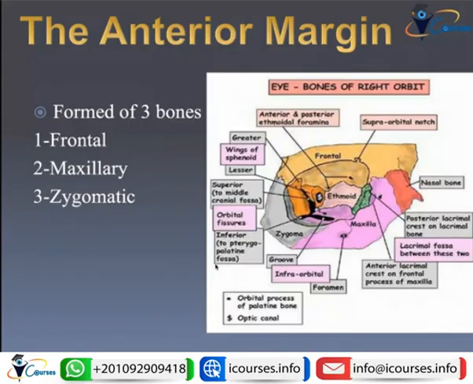So the first important anatomical landmark in the orbit is the orbital rim, or what's called the orbital margin. The orbital margin is just the anterior edge of the orbit. And what are the bones that make the anterior margin or the orbital rim? It is only three bones: the frontal bone, the maxillary bone, and the zygomatic bone.